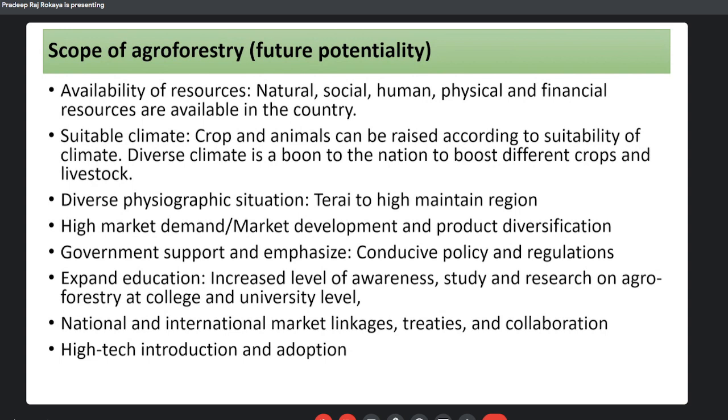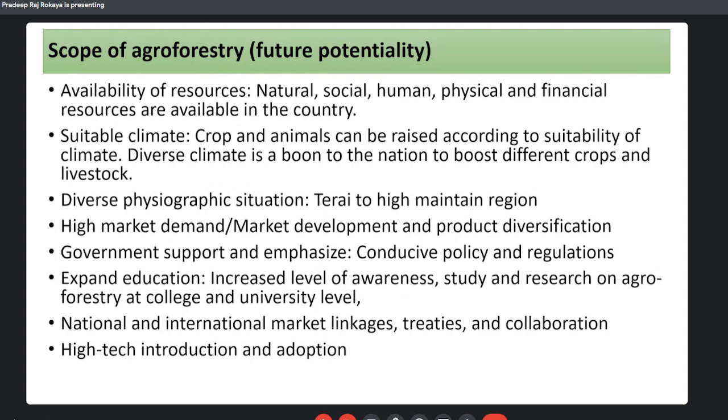National and international market linkage, treaties and collaboration: the government made different treaties and linkages with India and China and third countries, so that agroforestry products can be exported to other markets and countries as a market niche product.